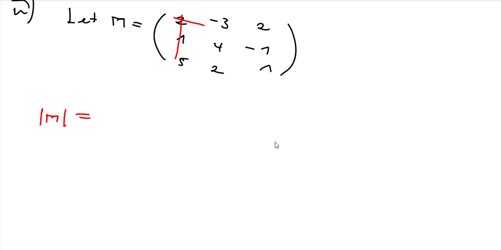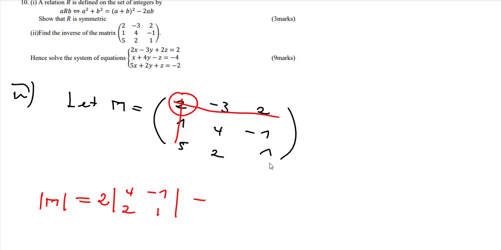So I will block this, and I have an equivalent 2 by 2 matrix. This coefficient is written down, so I have 2 times the determinant of 4, negative 1, 2, 1. Now minus, since I'm going to use the sign convention of matrices, which is plus minus plus.